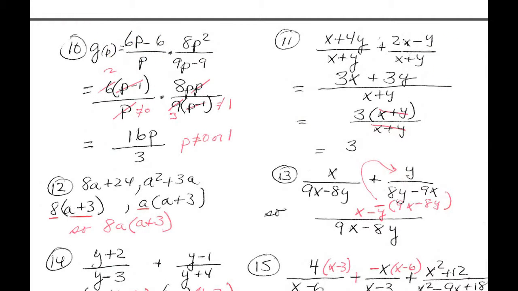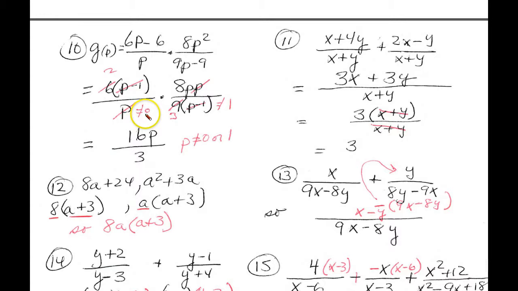All right, number 10. As we look at number 10, it's in function notation. They want us just to simplify. So I factored the 6 out of there, got this. Factored the 9 out of there, got this. Then I canceled out common factors. And then they also wanted to have what are the restrictions of P in the domain.